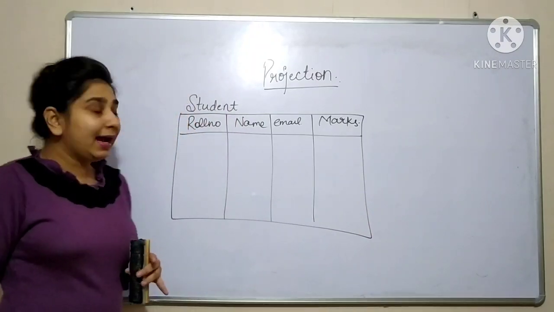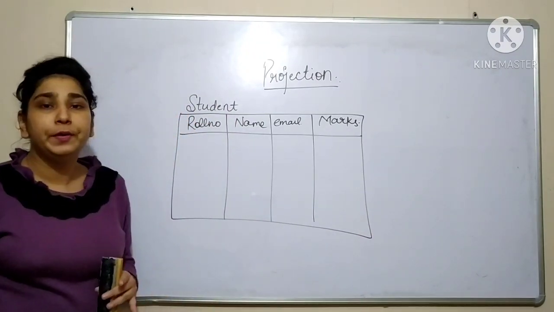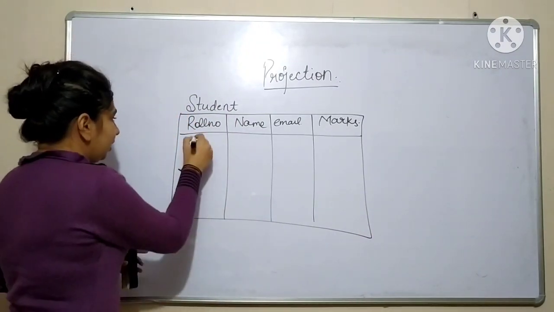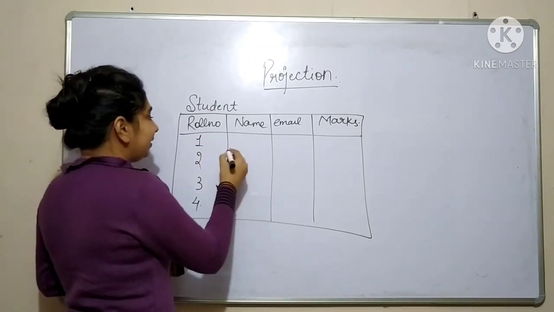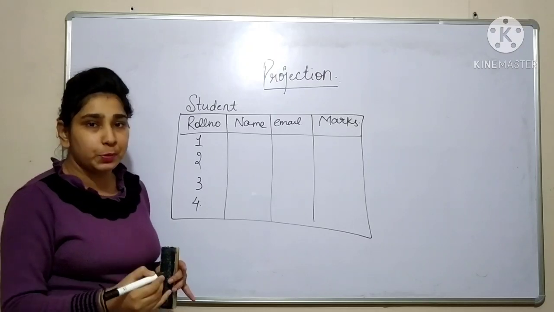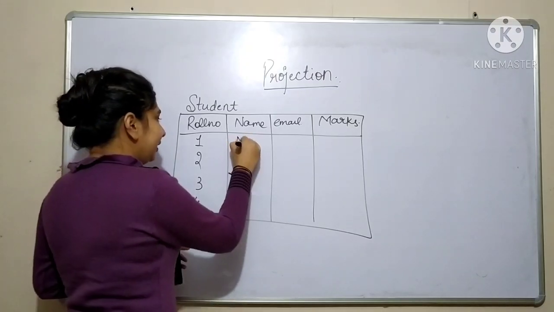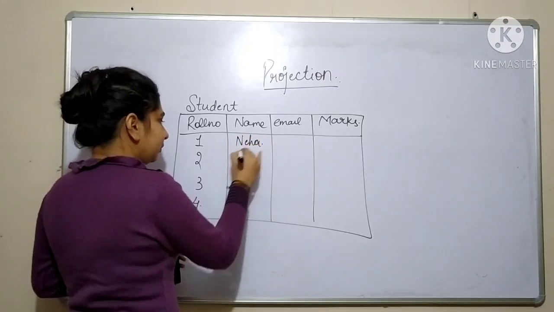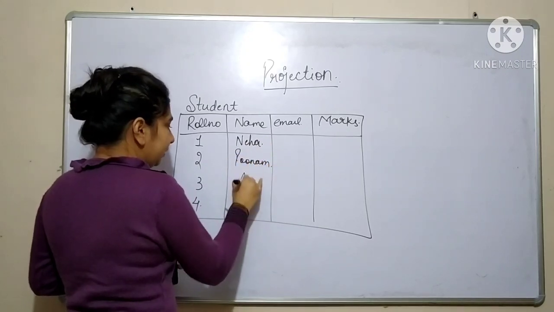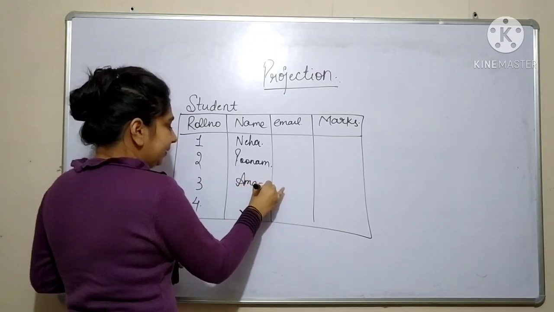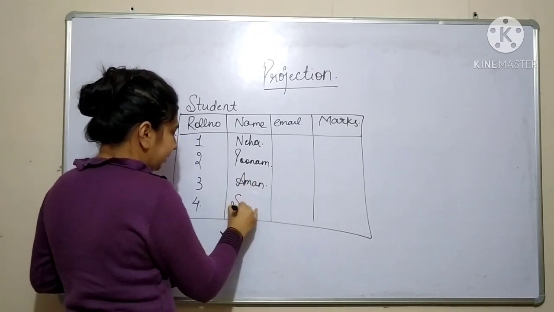I have 4 students: 1, 2, 3, 4. The names of these 4 students are Neha, Poonam, Aman, and let's suppose Swati.